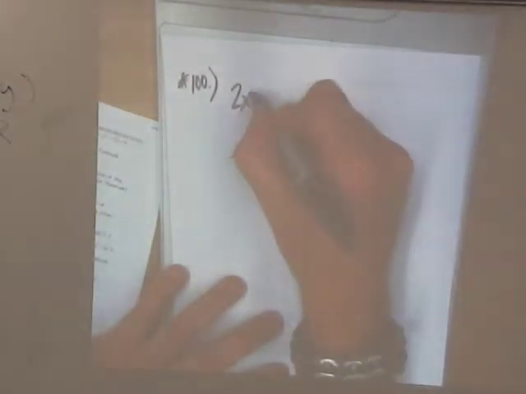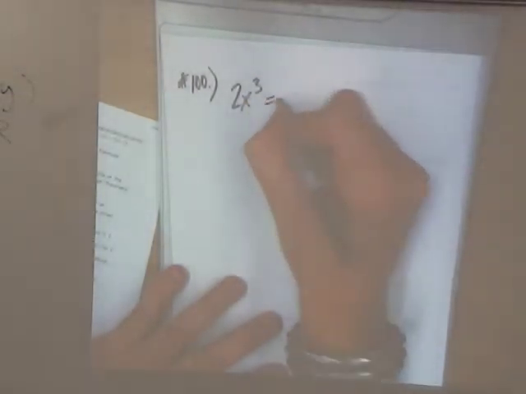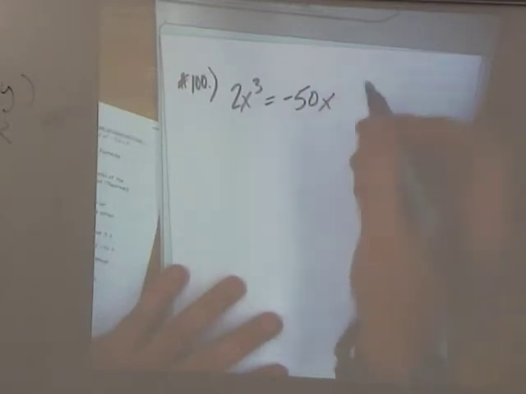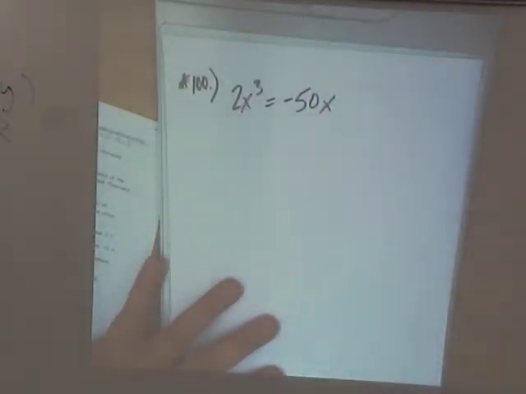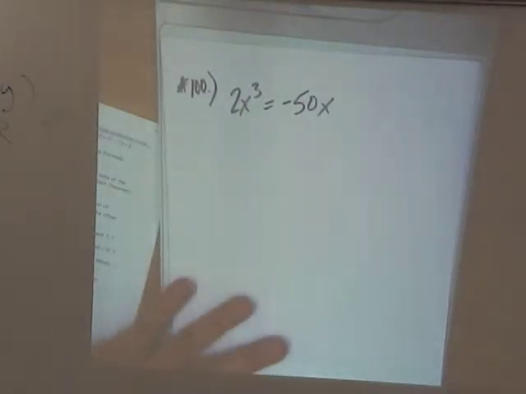100. 2x cubed equals negative 50x. Let's set it equal to 0.